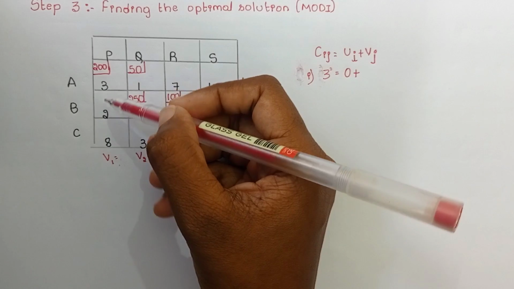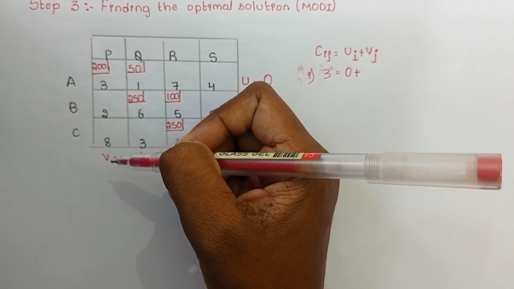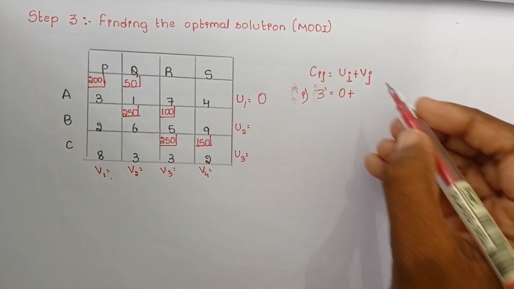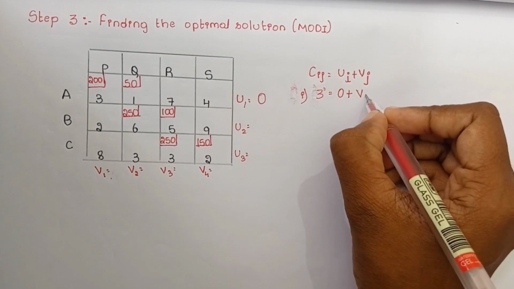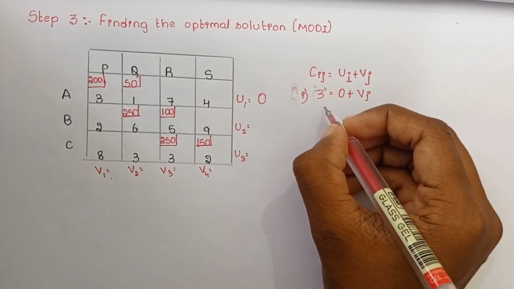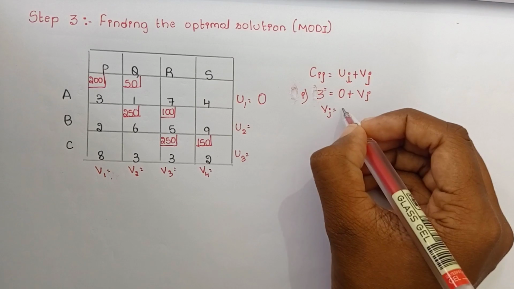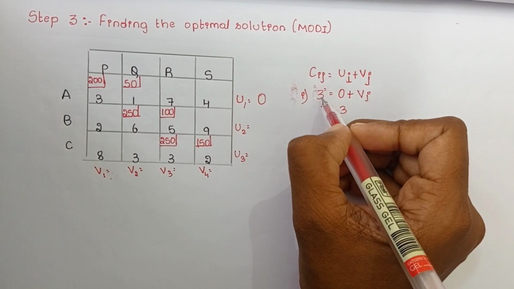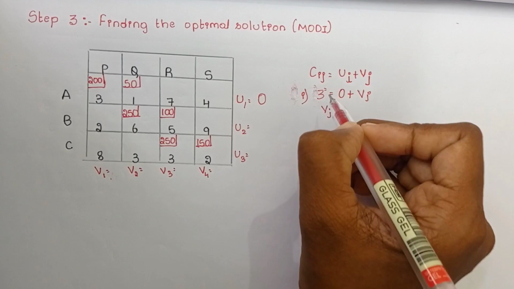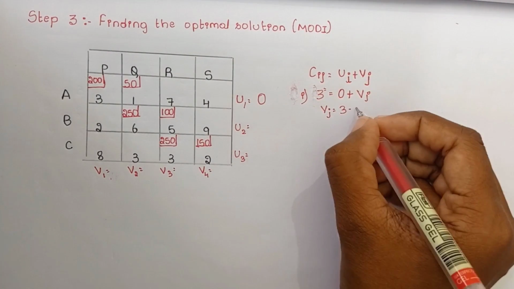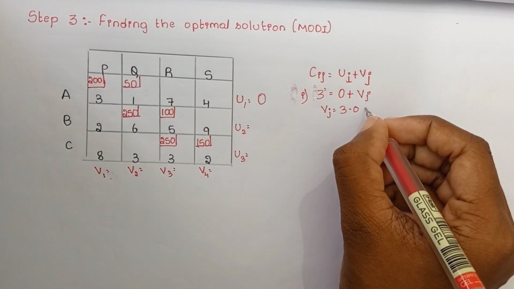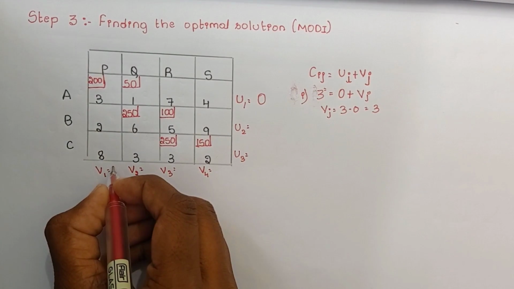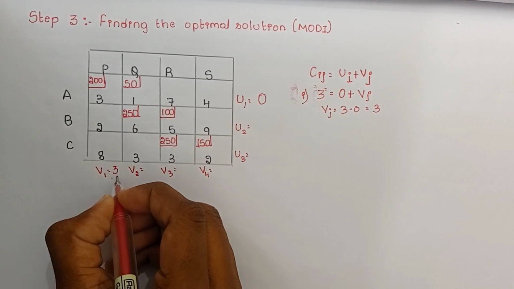The V value for 3 is V1, but I don't have the V1 value, so I have to identify this Vj value now. If I transfer this 0 to the left side, the plus 0 becomes minus 0, so 3 minus 0 is 3. Here the Vj value is 3, so I will write V1 as 3.